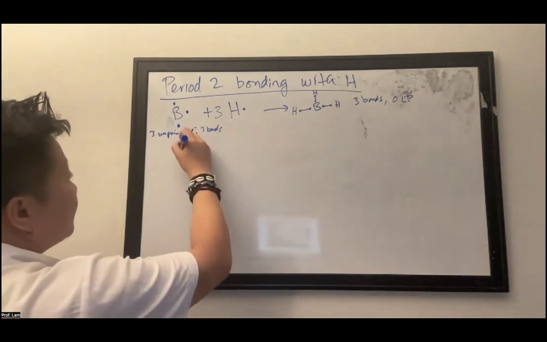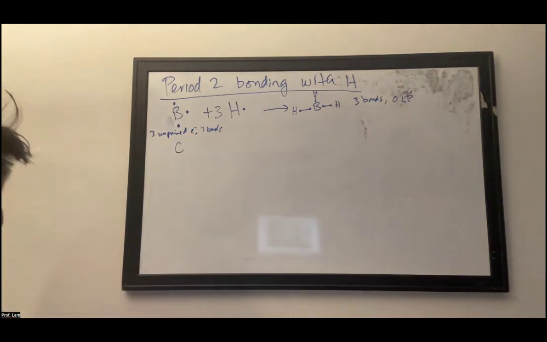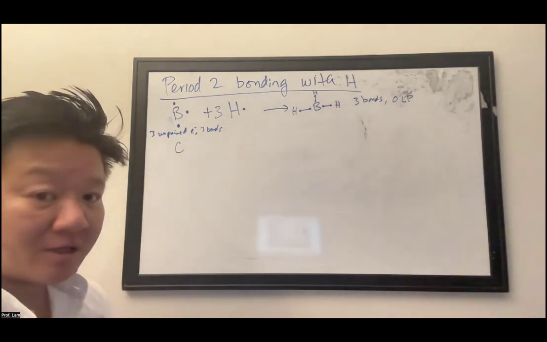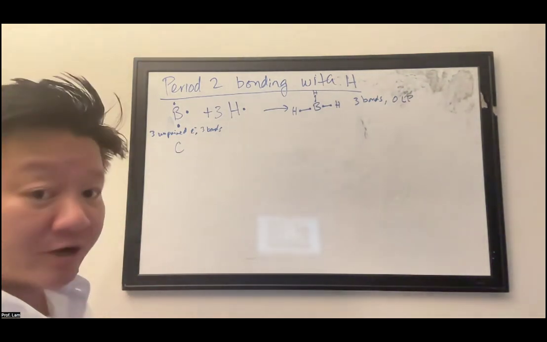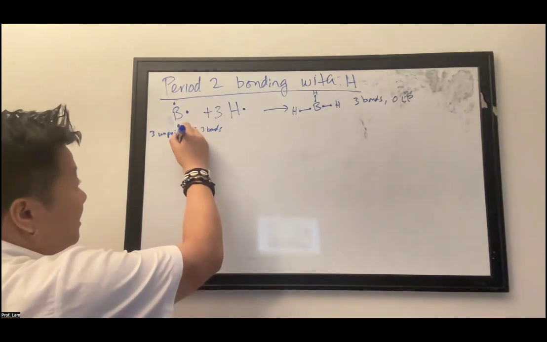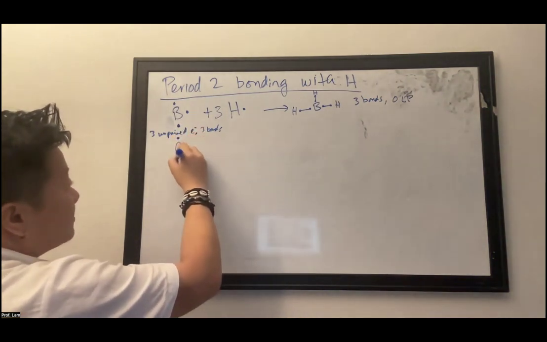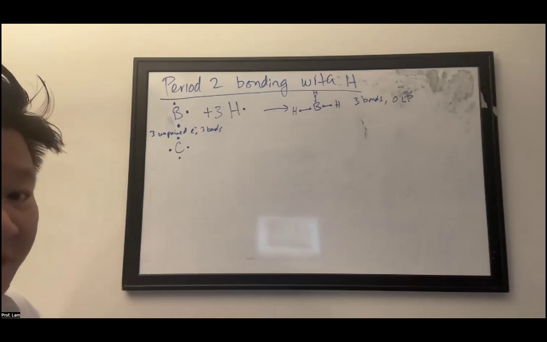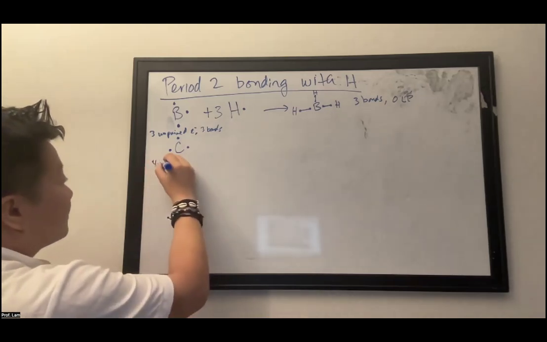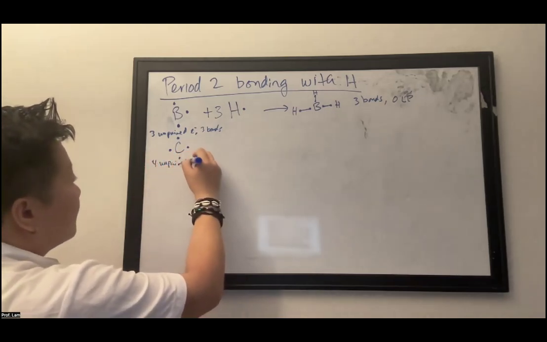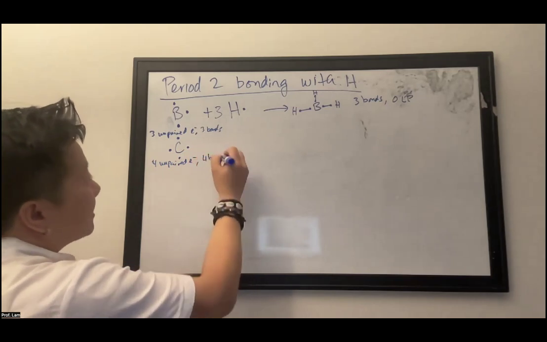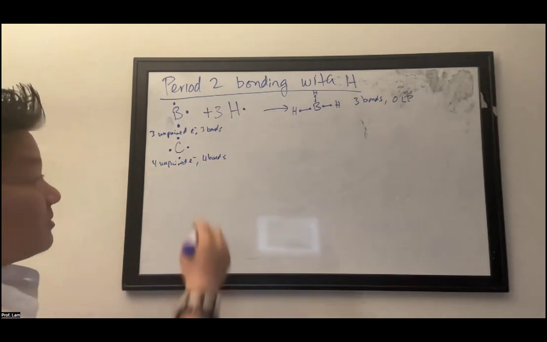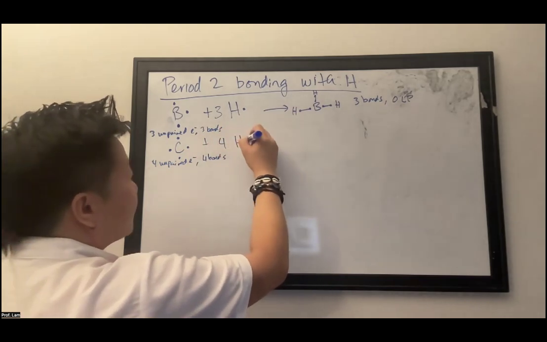Now let's move on to carbon. If you look at the group number, the column number, carbon is in group 4A, so 4 valence electrons. Again, 1 on each side first. If you do that, you see that carbon has 4 unpaired electrons, which means carbon will want to make 4 bonds, which means we have to introduce 4 hydrogens.